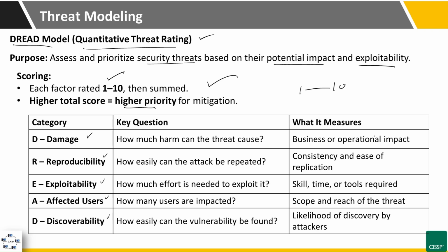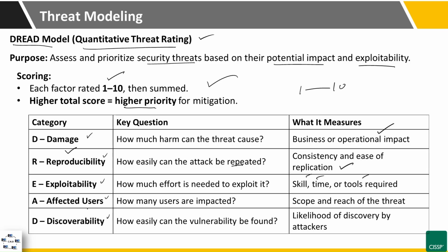It measures business or operational impact, that is, how damaging it is for the business operations. Next is reproducibility, which means how easily the attack can be repeated, and it measures the consistency and ease of replicating the attack. Next is exploitability, which means how much effort is needed to exploit the vulnerability in the system. It measures the skill, time, or tools required to exploit the vulnerability.